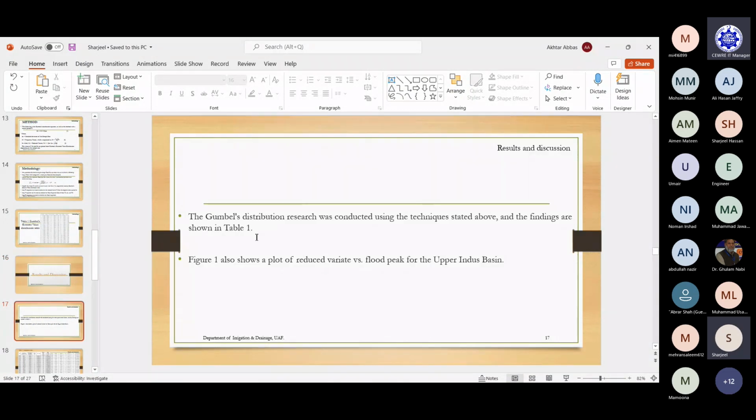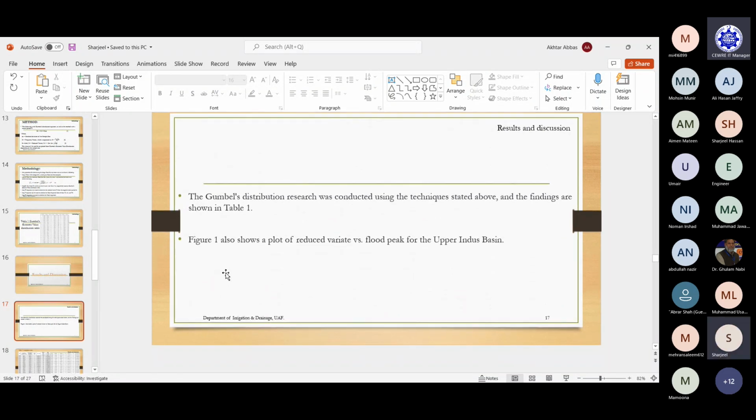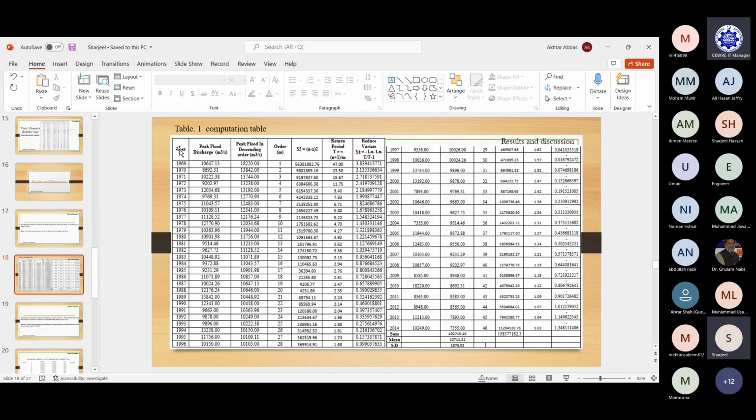Results and discussion. The Gumbel distribution analysis was conducted using the technique stated above, and the findings are shown in the table. Here are the years from 1969 to 2014. This is the peak flood discharge according to the years. Then we arrange the flow in descending order.